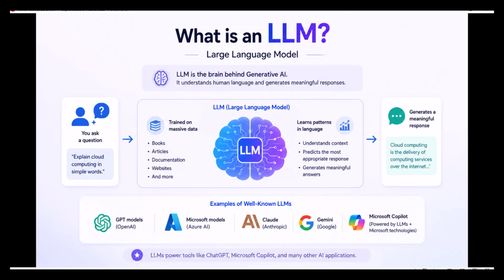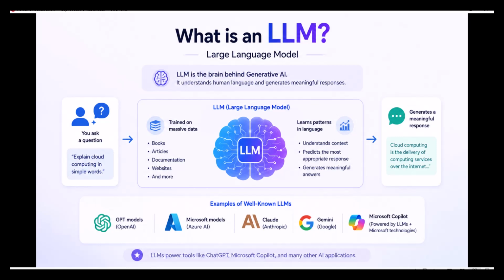These models are trained on a massive amount of publicly available text, books, articles, documentation, and other resources. Because of this training, they learn patterns in language. When you ask a question, the model predicts the most appropriate response based on everything it has learned.